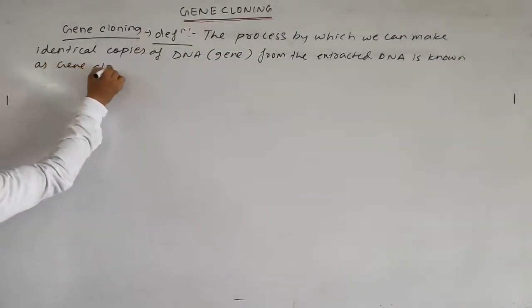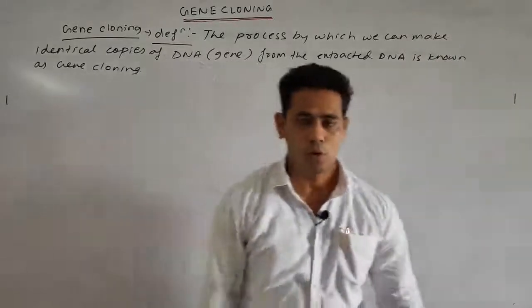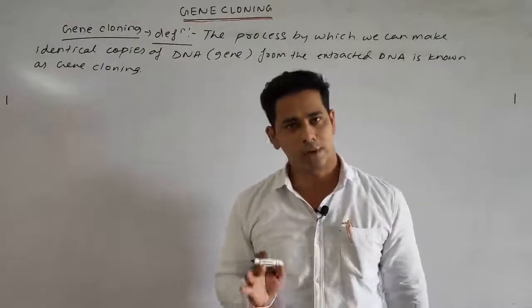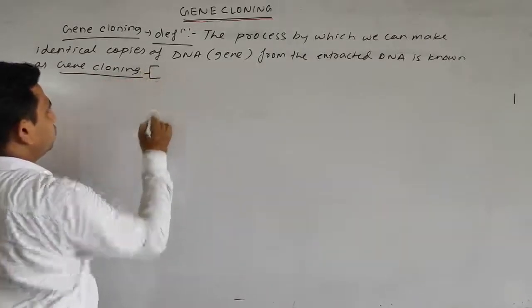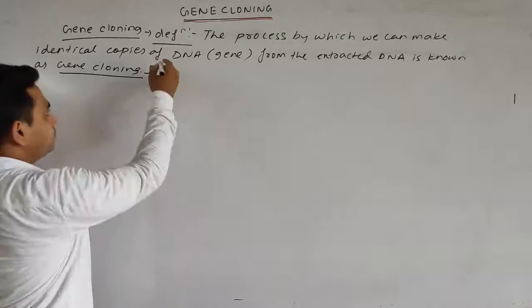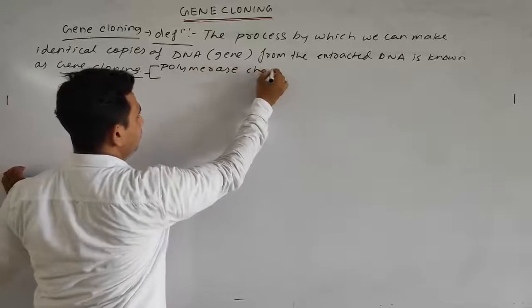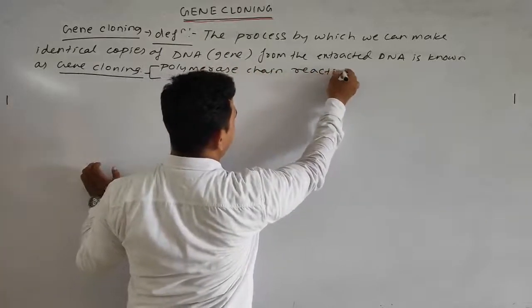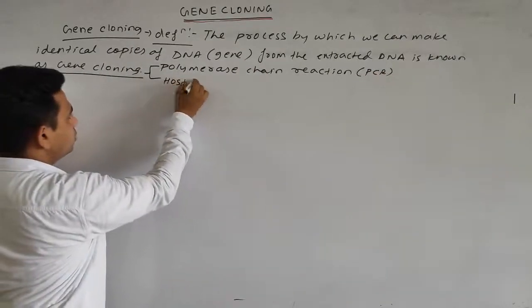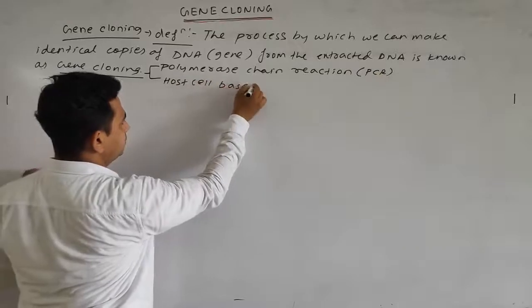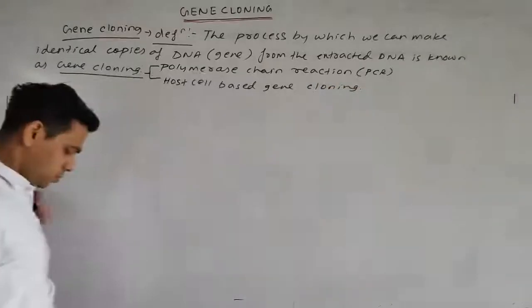Gene cloning is further divided into two types: host cell based gene cloning and the polymerase chain reaction, or simply PCR.